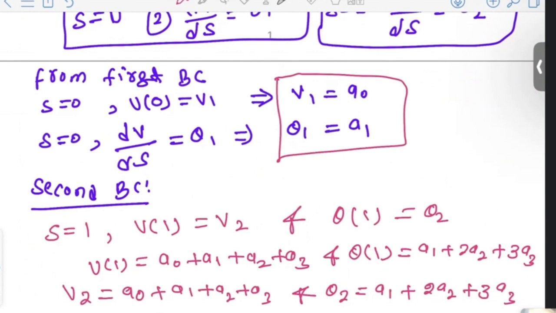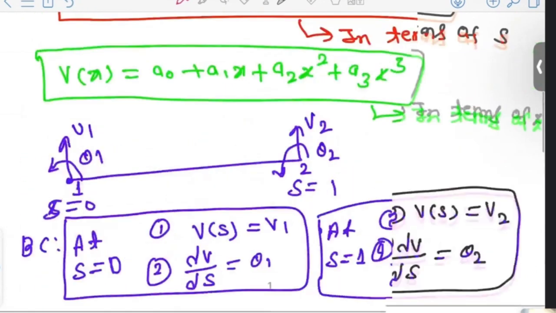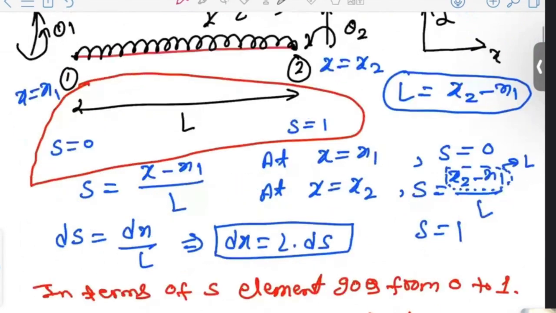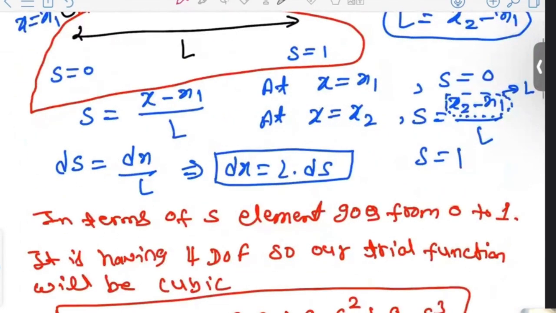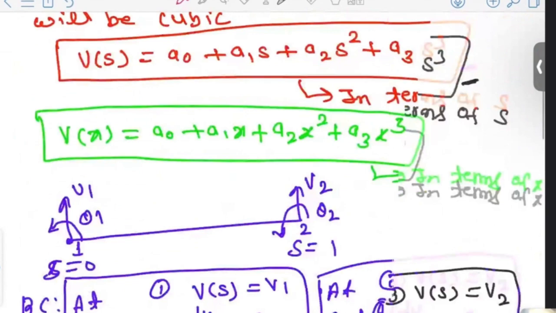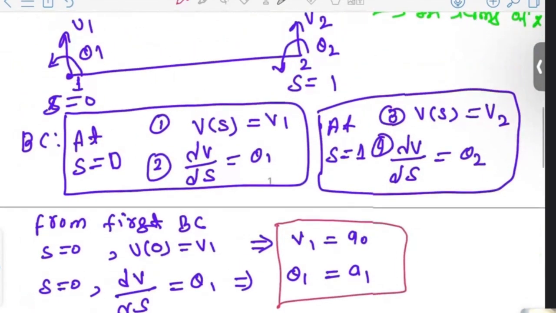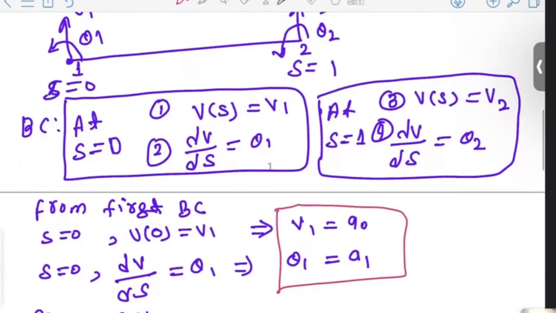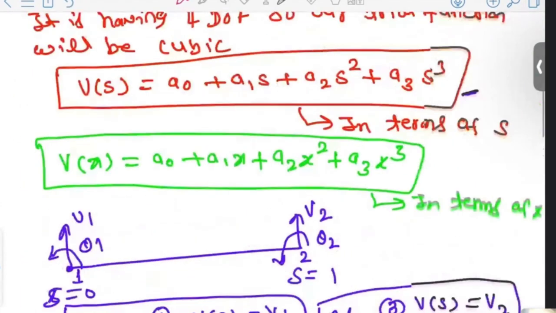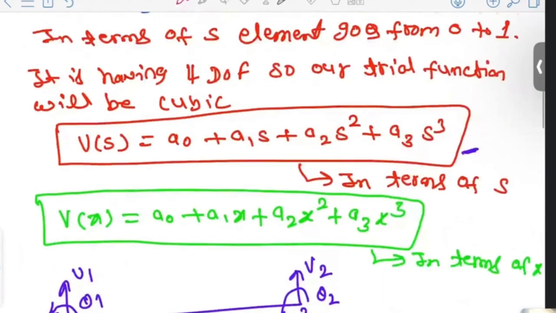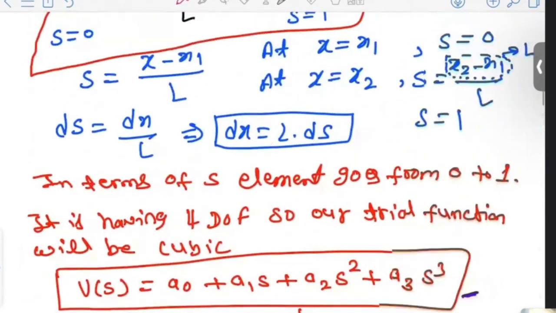I think we missed something somewhere. Theta 1, that's only the boundary condition one. There's something I missed there. Do we multiply by L here somewhere?